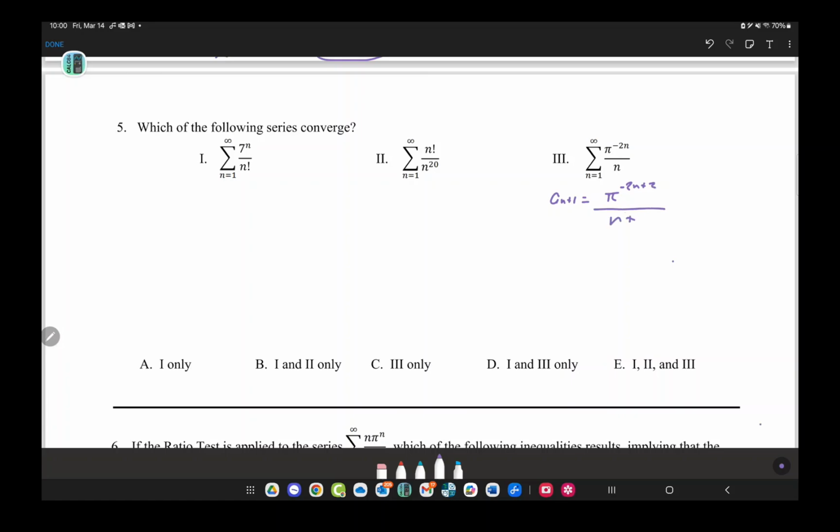Over n plus 1, which is pi to the negative 2n times pi squared over n plus 1. Wait, shouldn't that be negative? Oh, you're right. It should be minus 2. Good catch. So that should be negative 2.